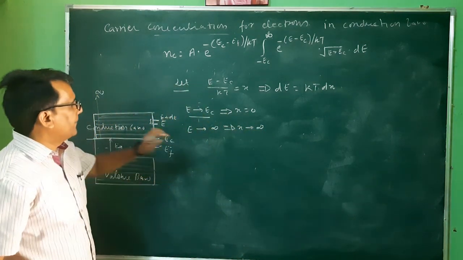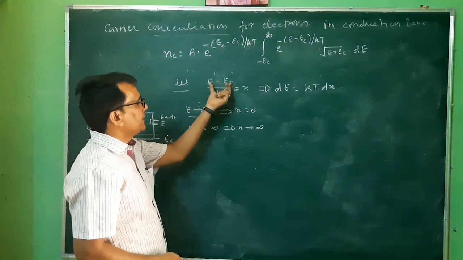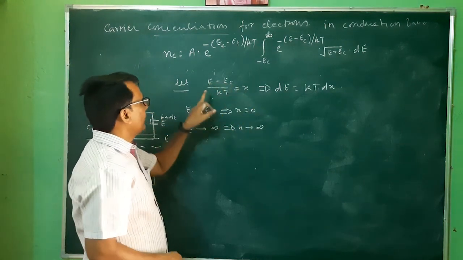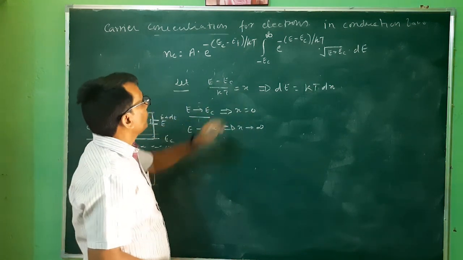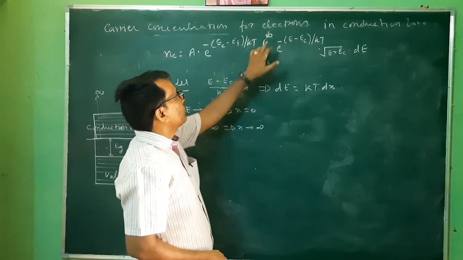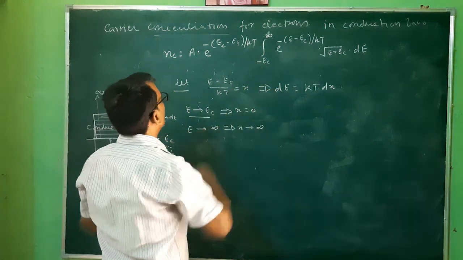Again, when we take the energy E equal to Ec, then x is 0. When E goes to infinity, then obviously x tends to infinity, so the limits change to 0 to infinity. Now let us put all these terms here.